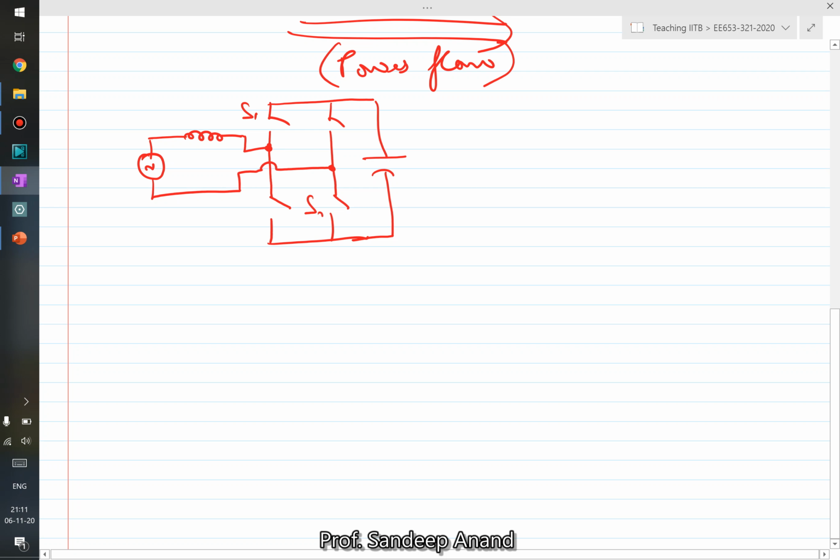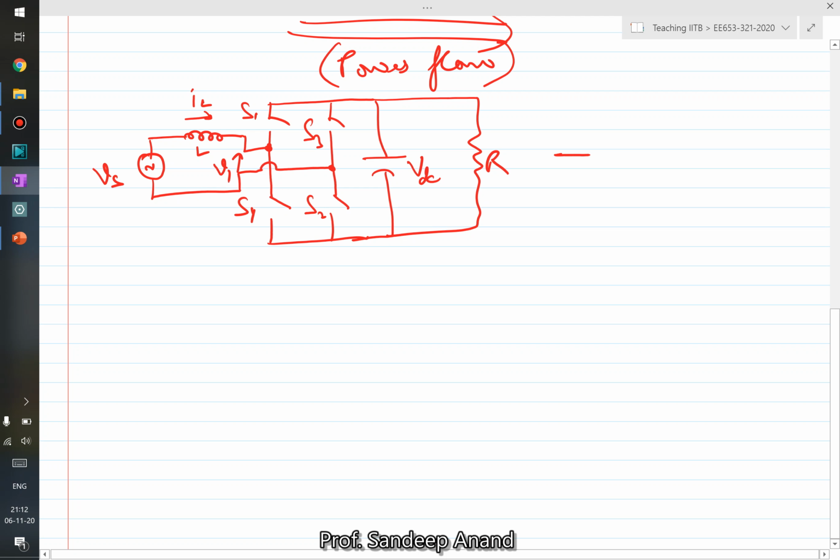Now let me call this one S2, S3, S4. This is VDC, and this is your resistance R, and this is inductor L, this is IL, this is the source voltage, let me call it VS, and this voltage, as we see, let me call it V1.